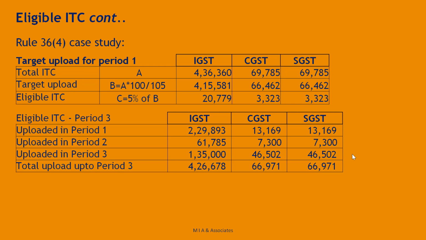So the exercise ceased to exist for this particular period. However, it should be noted that this exercise will continue to be done for other periods, since even though for this period the eligible credit is 100% available, it may not be so for other periods, and hence this exercise has to be repeated for other periods.